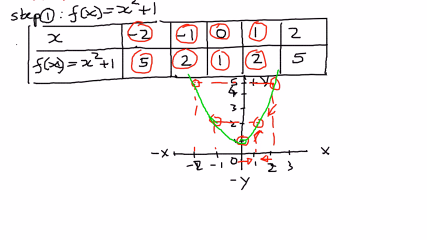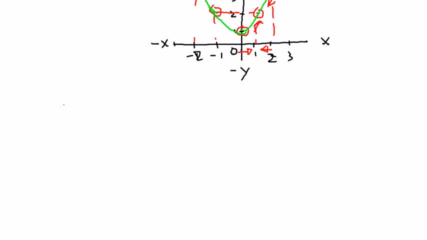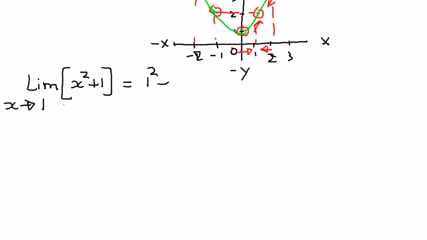In terms of limits, we can write the same observation as follows. The limit of the function x squared plus 1 as x approaches 1 is equal to, what we're doing here is substituting x equal to 1: 1 squared plus 1, which is 1 plus 1, which is equal to 2.